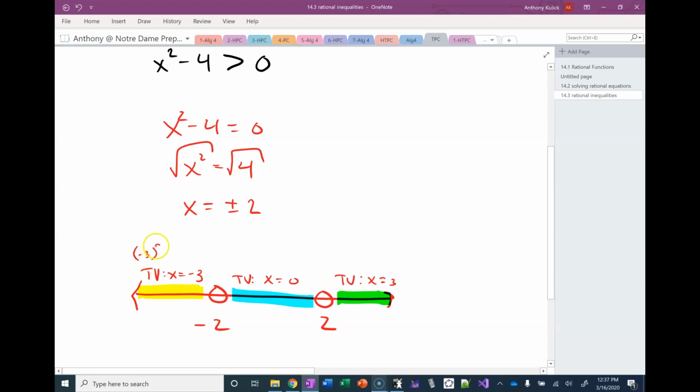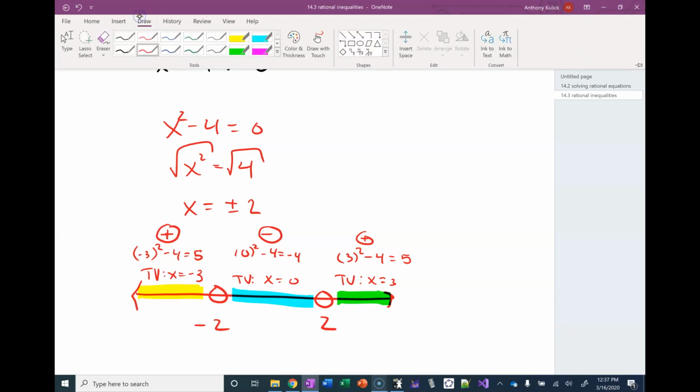When I do -3 squared minus 4, I get 5, so here it's positive. When I plug in 0, 0 squared minus 4 is -4, so here we're negative. And when I use the test value 3, 3 squared is 9, 9 minus 4 is 5, so it's positive.